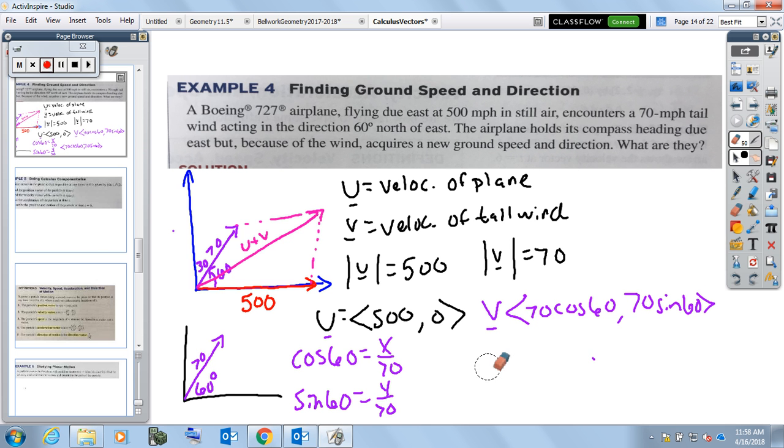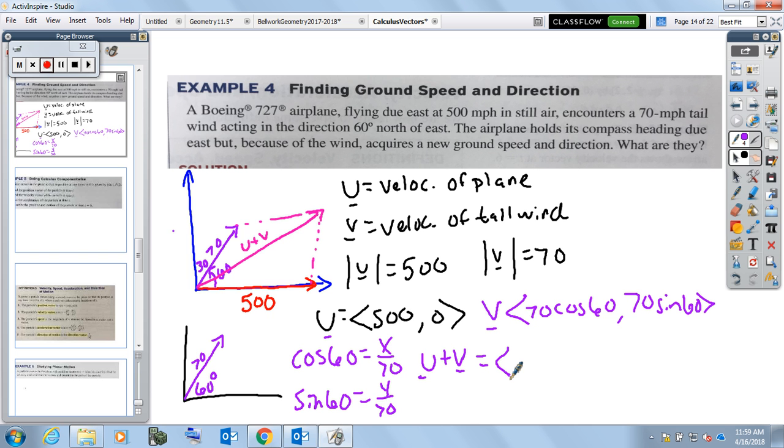All right, so now we've found out what u and v are. But remember, the goal in the end was to find out what the resultant was, the resultant vector of u plus v all together. That's what we really want to find. So u plus v in this example ends up being 500 plus our 70 cosine of 60, which gives us 535, because 70 times cosine of 60 is 35.